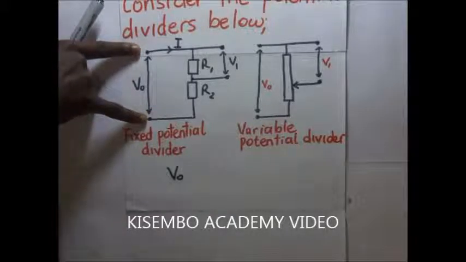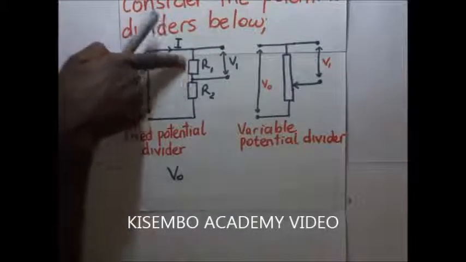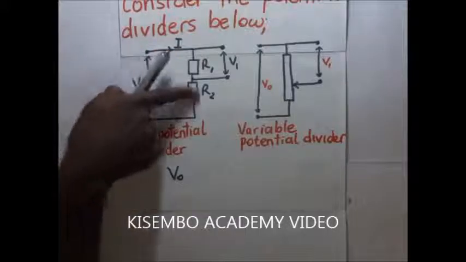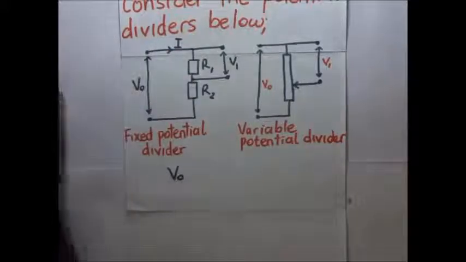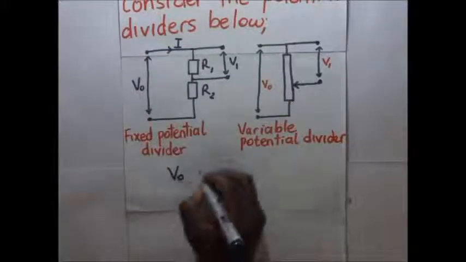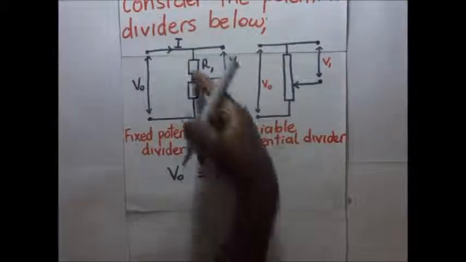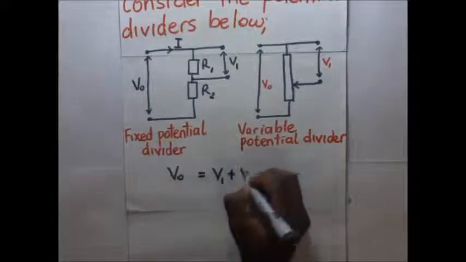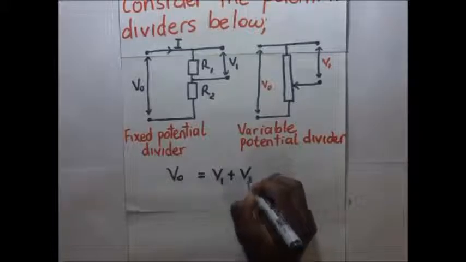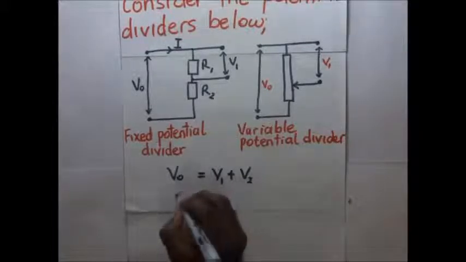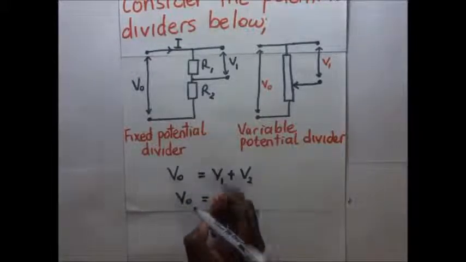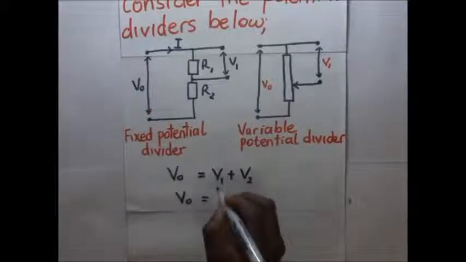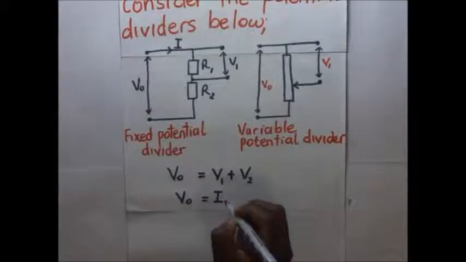Input voltage V0 is going to be equal to the voltage across this resistor plus the voltage across that resistor. So the voltage here is going to be equal to the voltage across resistor 1 plus the voltage across resistor 2. So V0, which is the input voltage, is going to be equal to the current.